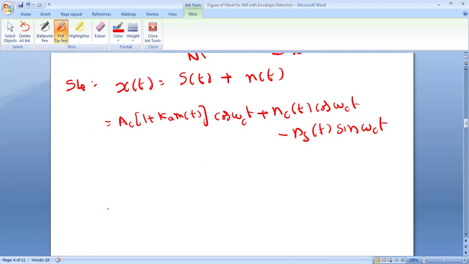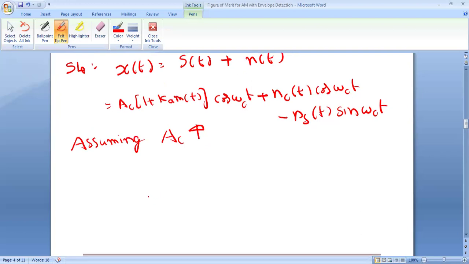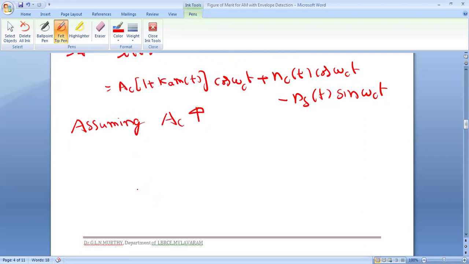While drawing the phasor diagram, we are going to assume initially that in the given system, the carrier component AC is larger. Among the number of terms present at the output of the IF section, there are two components: one is cos omega ct, the second is sin omega ct.